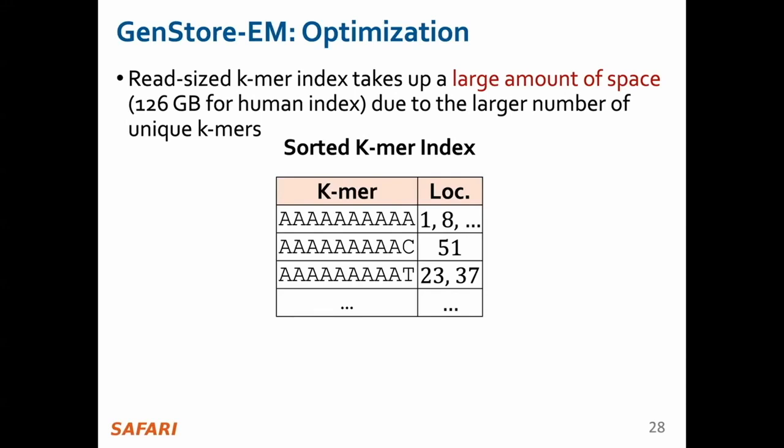So the size of this table increases because of the unique number of k-length subsequences, and we can't use common techniques like minimizers to reduce it. So we reduce the overhead of this table by replacing the read size k-mers with a strong hash value of each read that can act as the sorting criterion instead of alphabetic sorting.